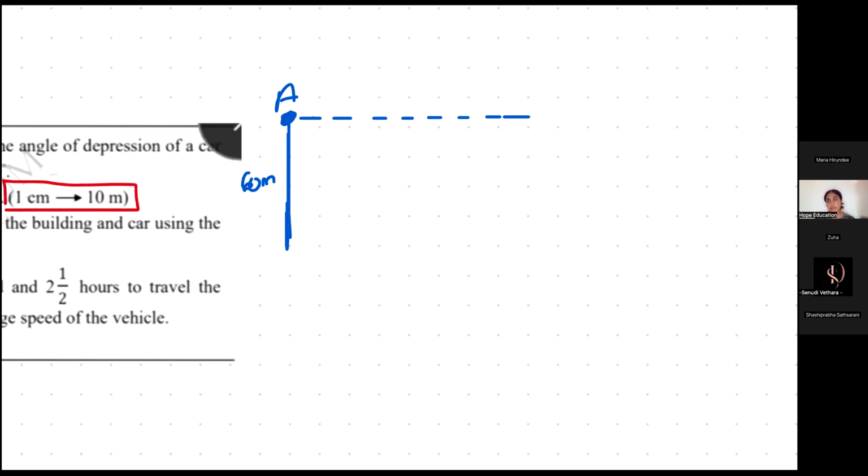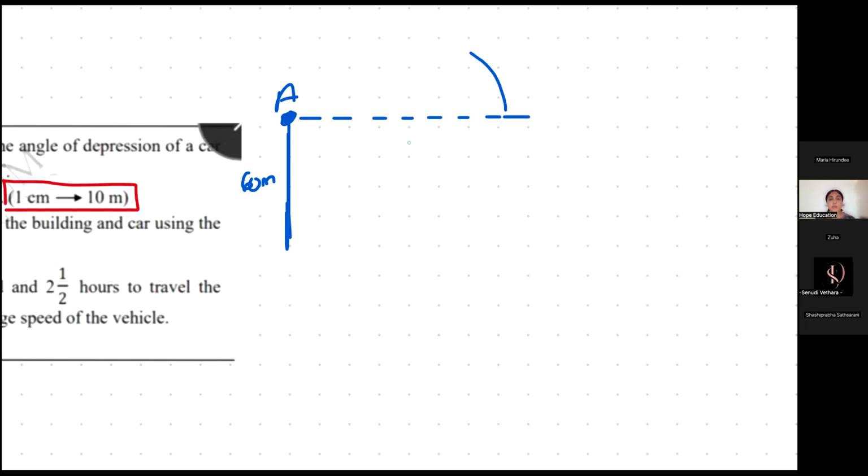So this is your eye level. The angle of elevation is measured upwards from your eye level. If the angle of elevation is 30 degrees, that means 30 degrees upwards from your eye level. Angle of depression you measure downwards from your eye level. So let's say the angle of depression is 25 degrees, you measure 25 degrees downwards from the eye level. So that is about angle of elevation and angle of depression.